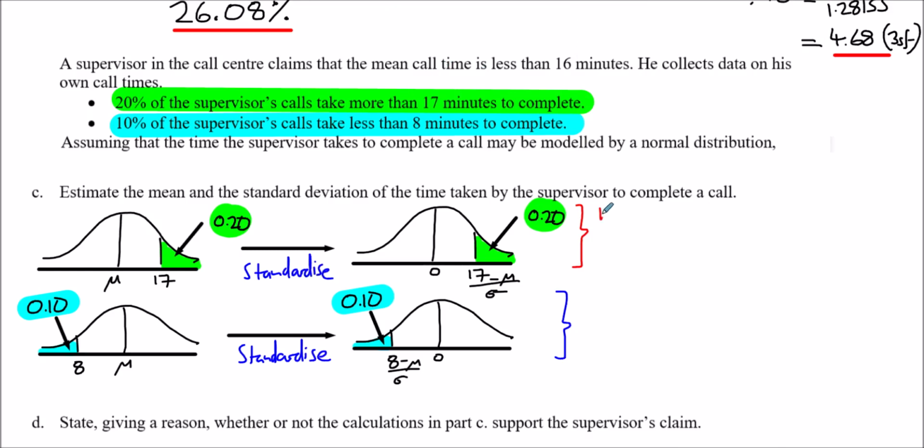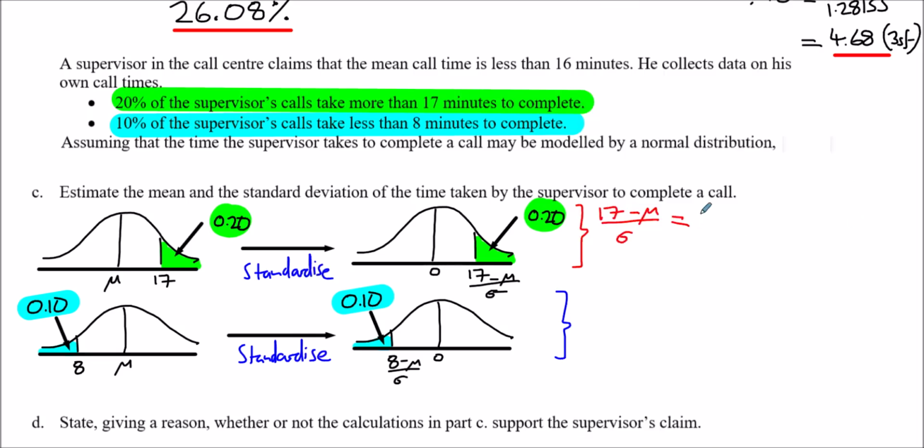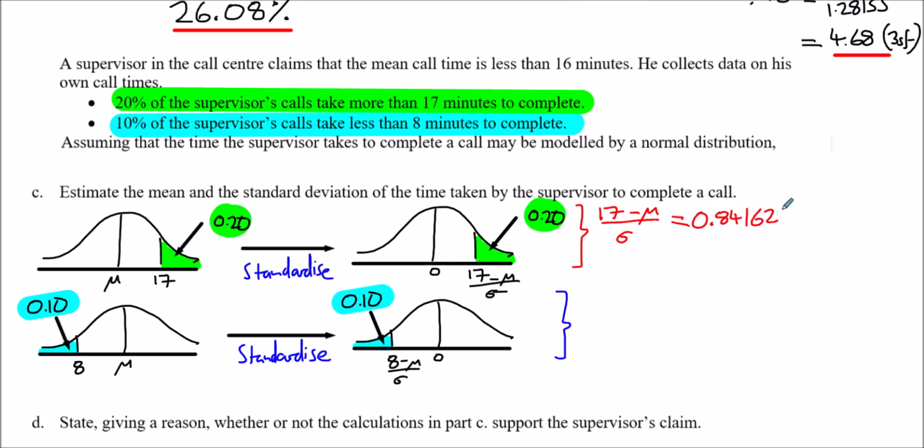So 17 minus mu over sigma equals 0.84162 0847. I'm not rounding off yet.